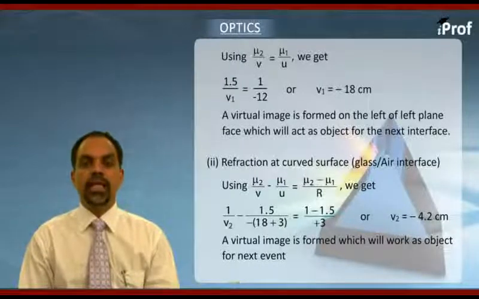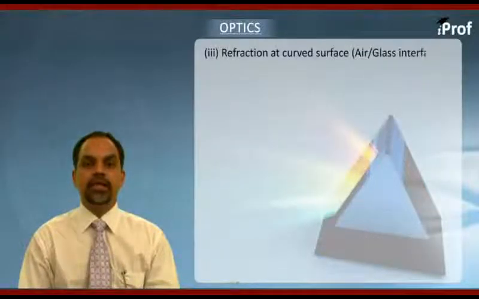The next event is again refraction at curved surface, and again this time it is air glass interface. So glass will be the second medium and air will be the first medium.